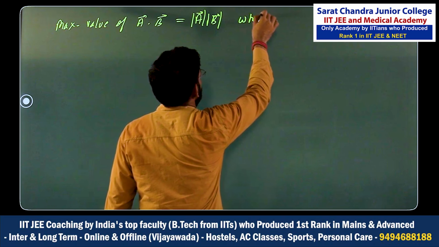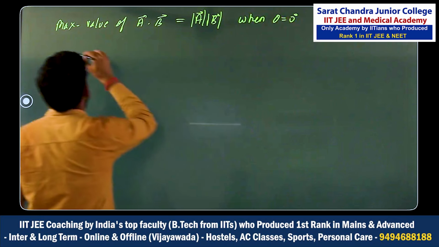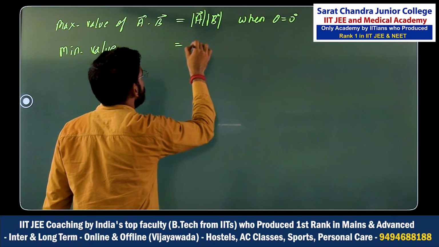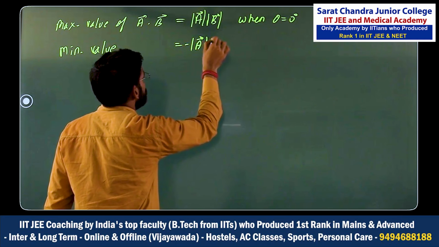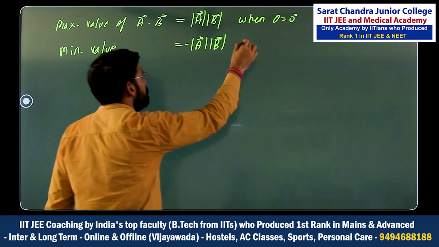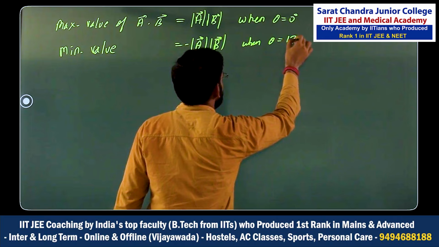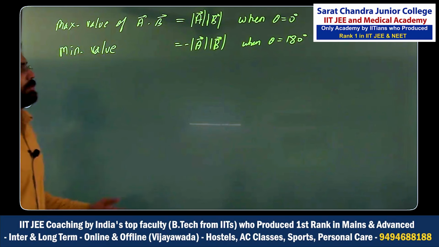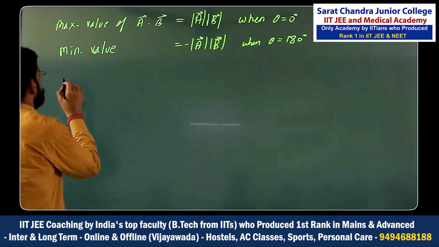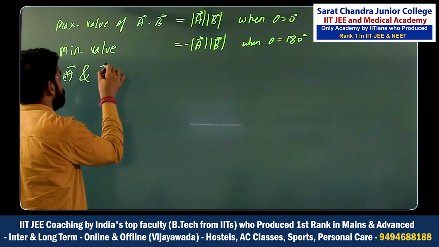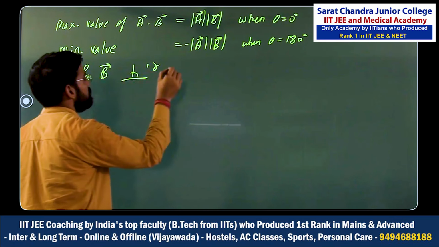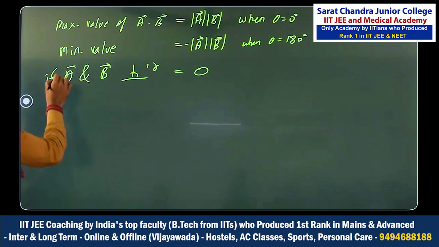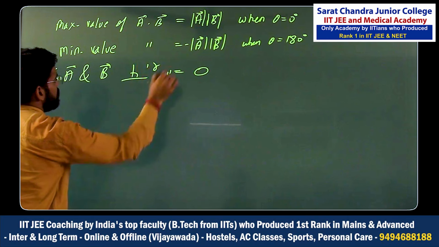And the minimum possible is minus of that, when theta is 180 degrees. Agree? If both are perpendicular, then the value is 0. These are basically special cases. If A vector and B vector are perpendicular, then A vector dot B vector is 0.